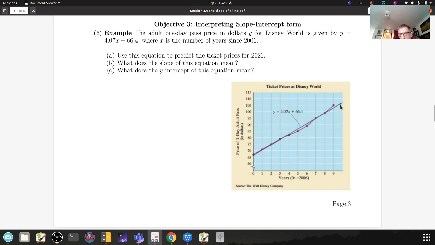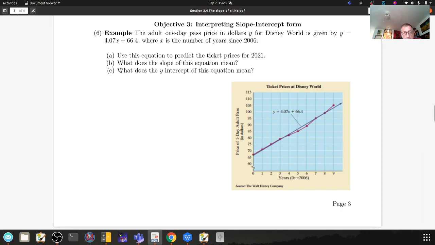We can actually draw the line that best fits the data. If you take statistics, which I'll be teaching for the first time in the spring, we will deal with that. What is the slope of this line? It's positive, right? If we're an ant walking, we're going uphill. So the slope of the equation is positive, and it means ticket prices are increasing.